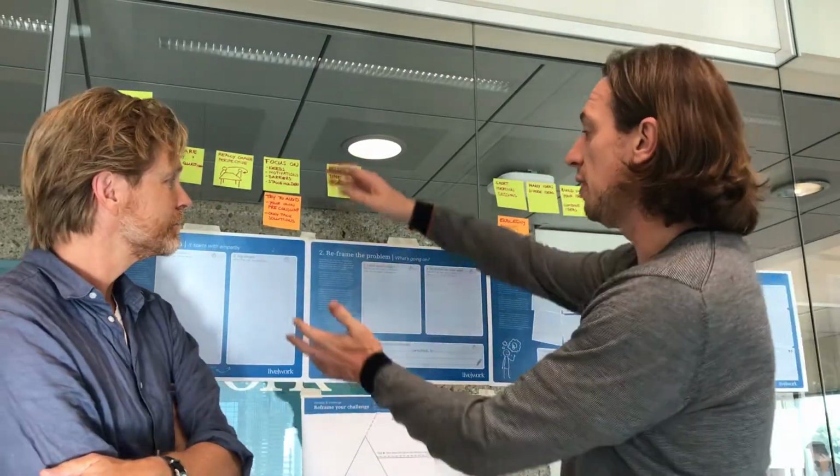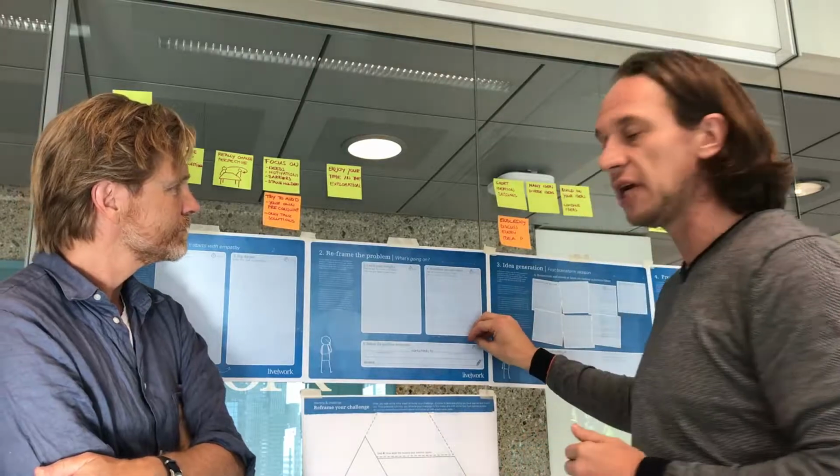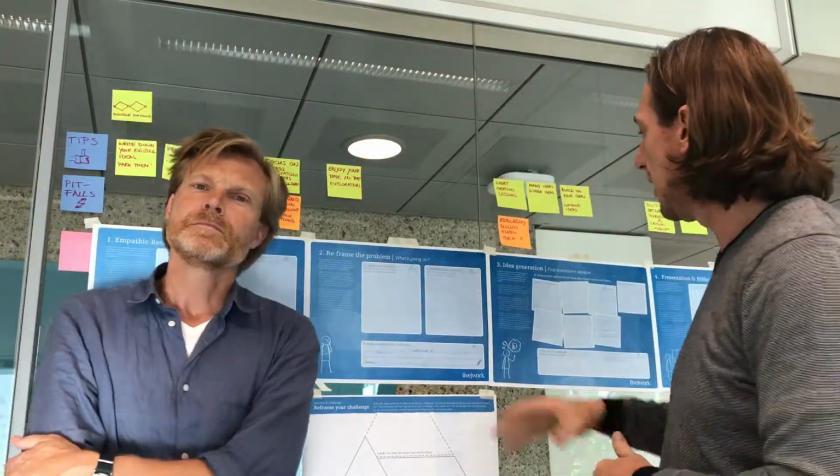So we narrowed it down, we have a very clear, basically reframed problem, and now is the moment that we go all loose in terms of ideas. Ideas and brainstorming is something that everybody thinks they know very well, and still we see a lot of typical errors, and we want to give you a couple of tips to avoid that.